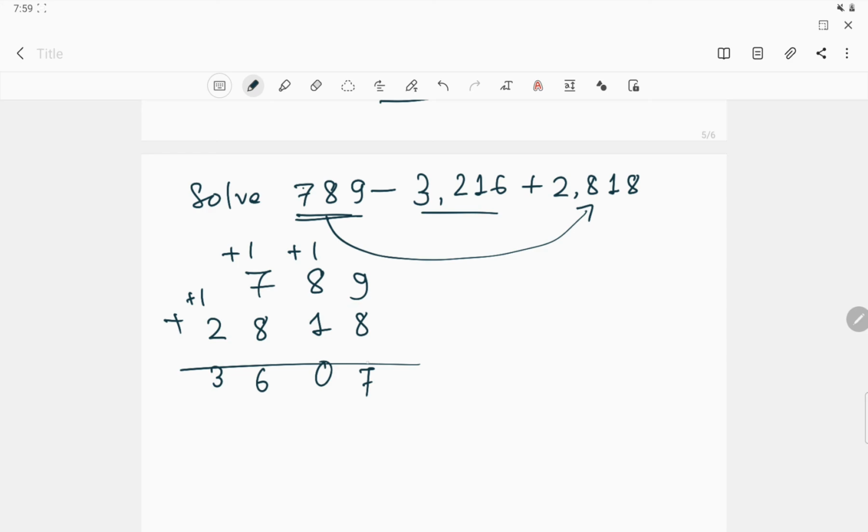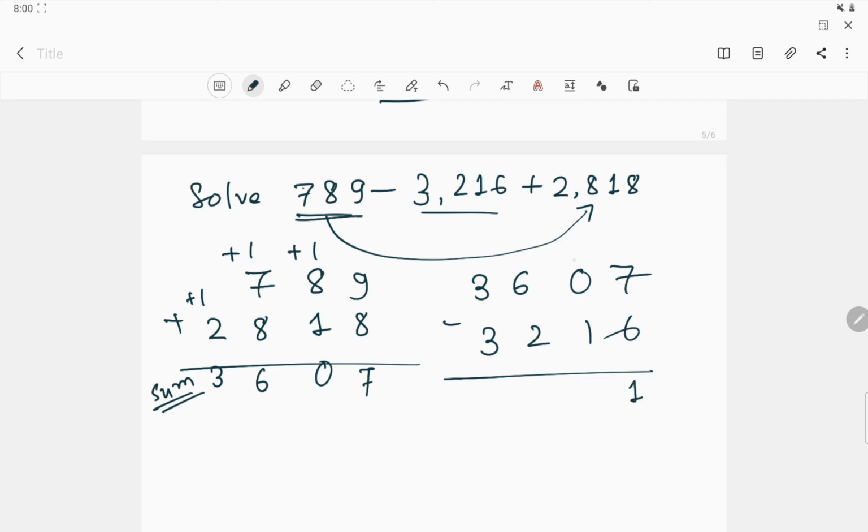Now subtract 3216 from this number. What sum that you will get? So write down 3607 and 3216. Now subtract it. 7 minus 6 is 1. 0 is less than 1, so you have to borrow 100.